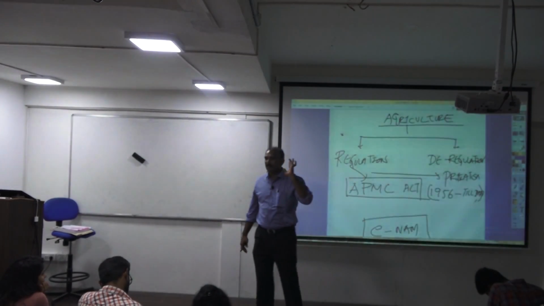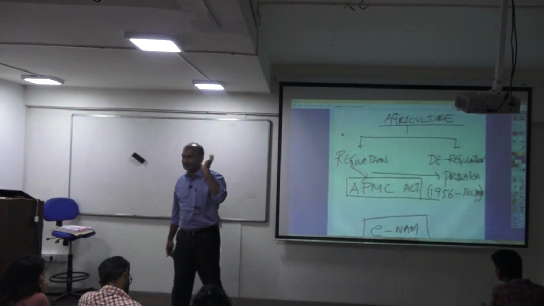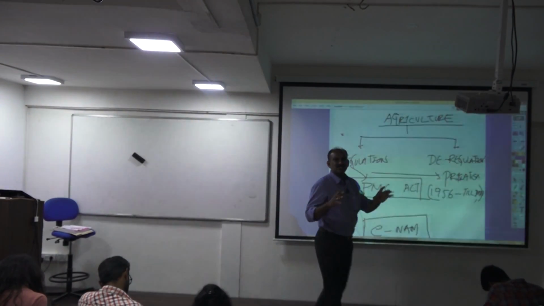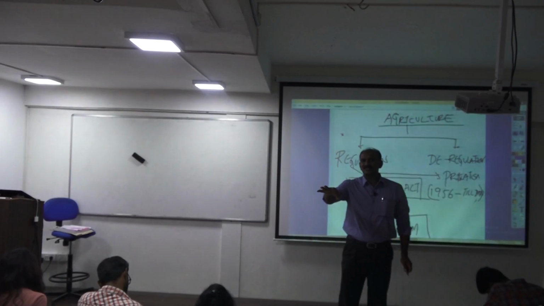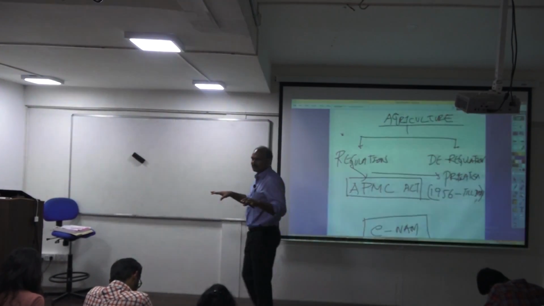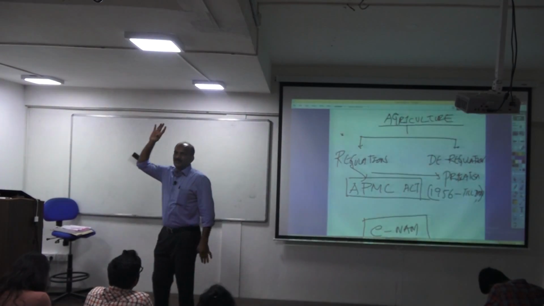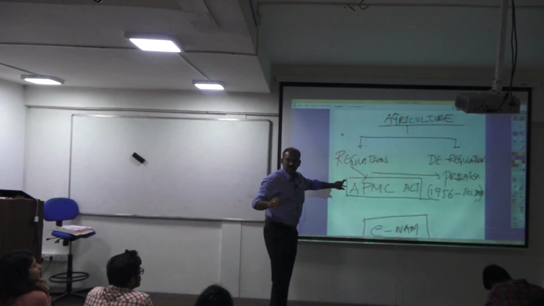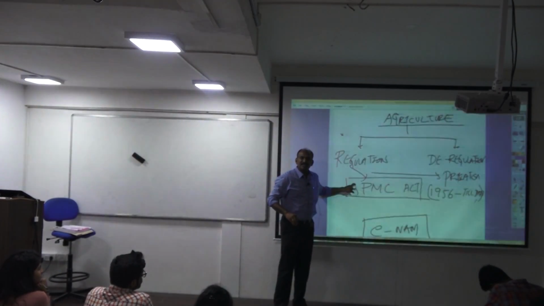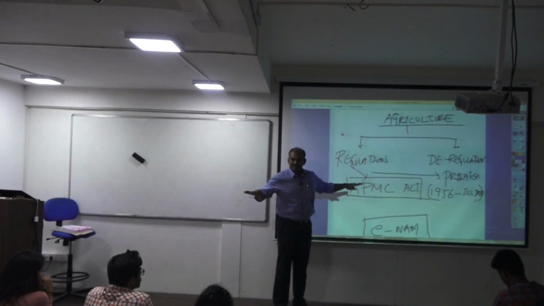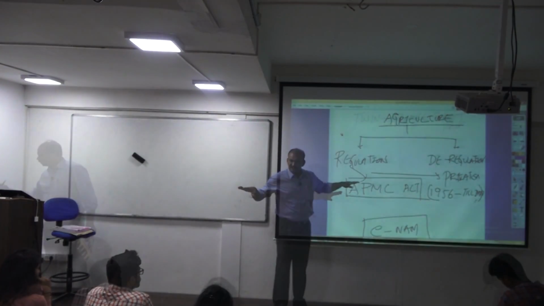Agricultural Produce Marketing Committees Act, or law. Please know that in the Constitution, agriculture is a state subject. Since 1956, every state has passed this law. This law is completely related to government controlling the agricultural markets and regulating prices.